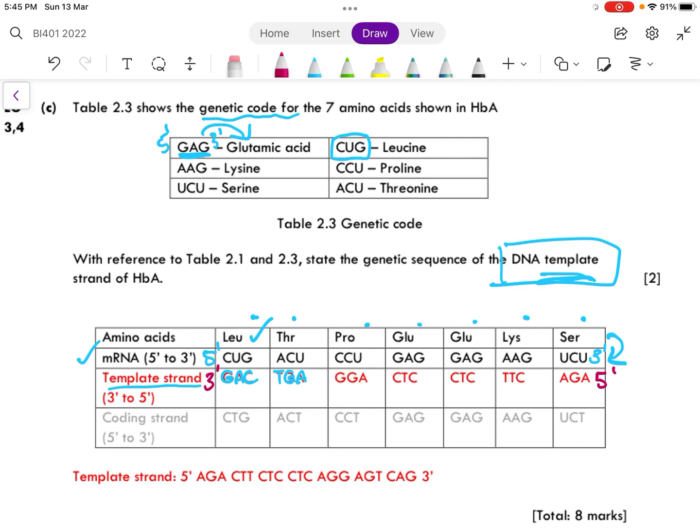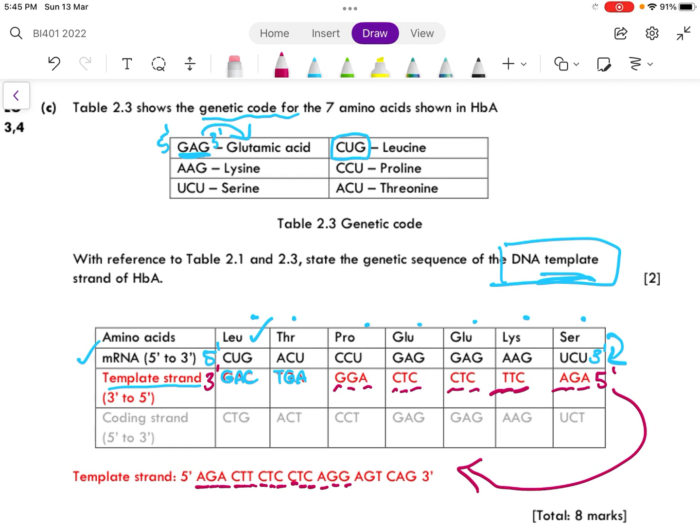Another way to write this same answer is this way. Usually we will write sequences in 5' to 3' direction rather than 3' to 5'. So I would write the template strand as AGA, CTT, CTC, CTC, and after that AGG, and so on and so forth.